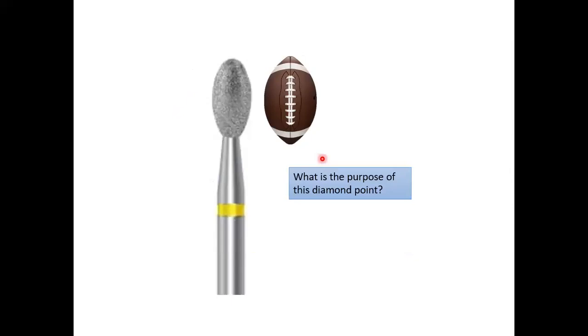What is the purpose of this diamond point? When they ask this, first see what shape it is. As I previously discussed, you have different types of diamond points, with differences in shape, how they are made, and differences in the color code. So first you should notice the color code. Yellow means it is a fine diamond point, which is used for finishing purposes.